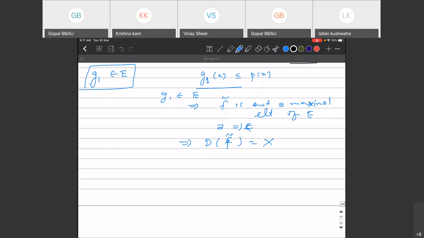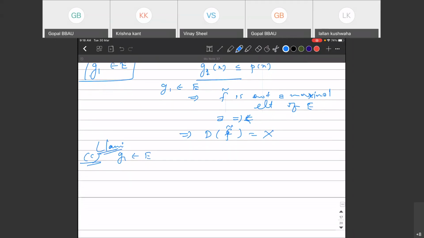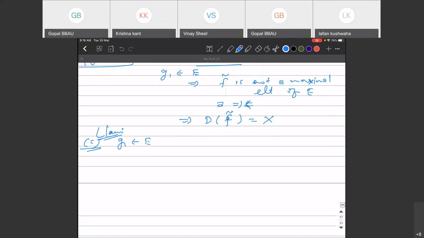So let's do the third case, where we have to prove G1 belongs to E. This is our claim now. For this, we have to choose c suitably such that G1 is less than or equal to p.